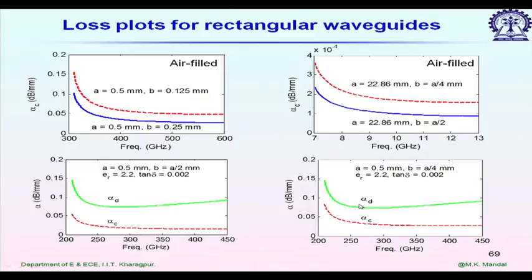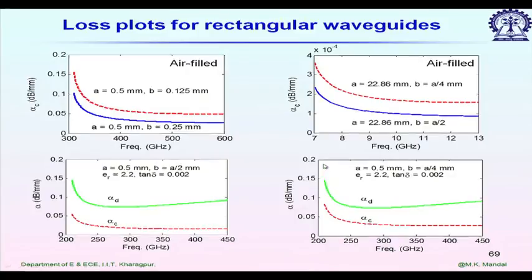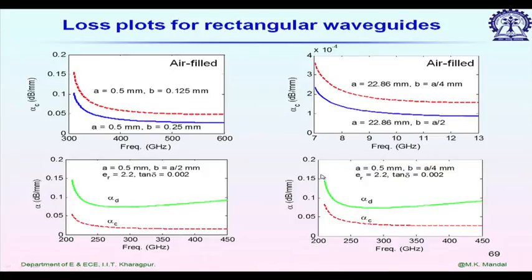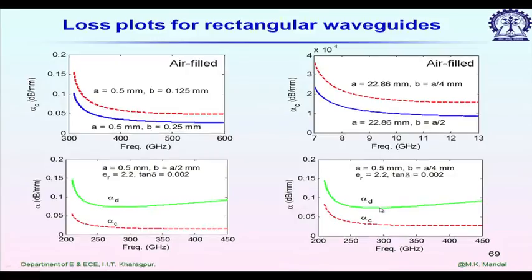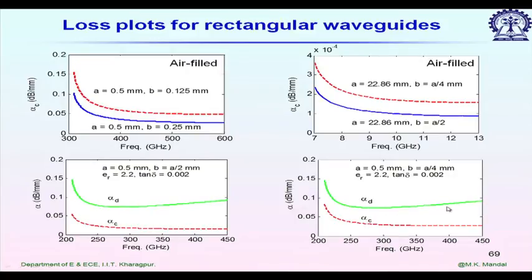Now if I combine the effect of both conductor loss and dielectric loss, then the resultant variation, if I plot, again will be infinite at the cutoff frequency, then it will have an optimum value approximately at 1.5 times the cutoff frequency, then it will slowly increase with frequency.